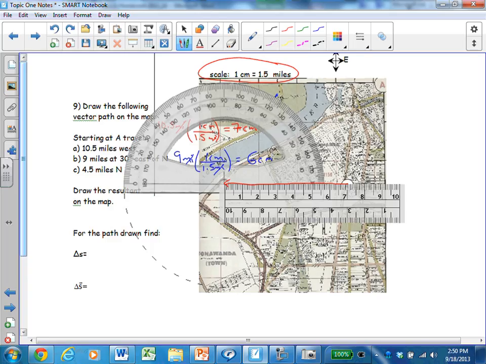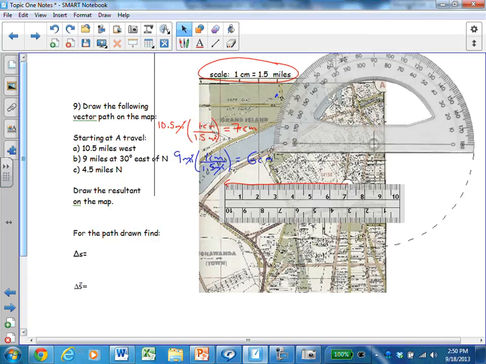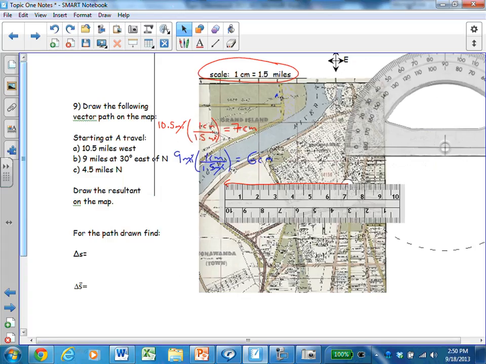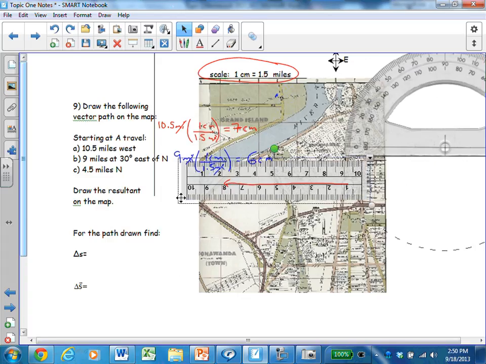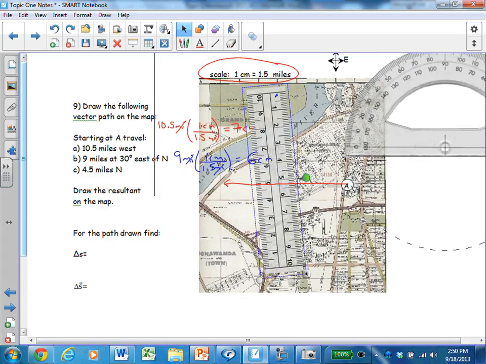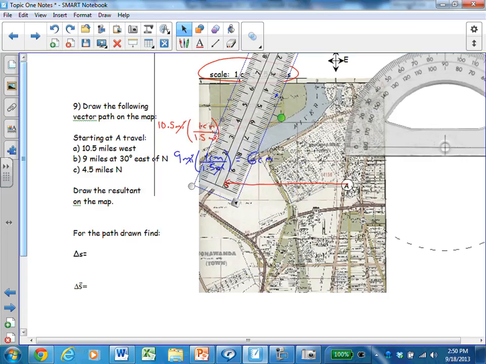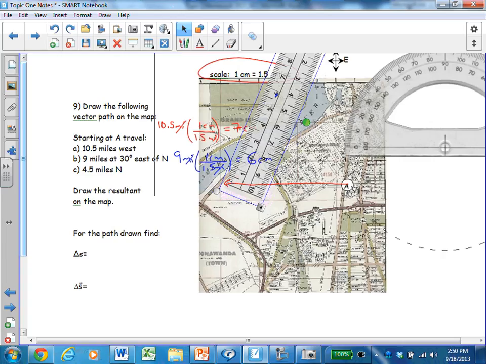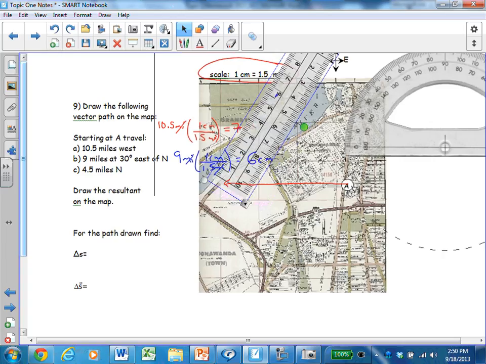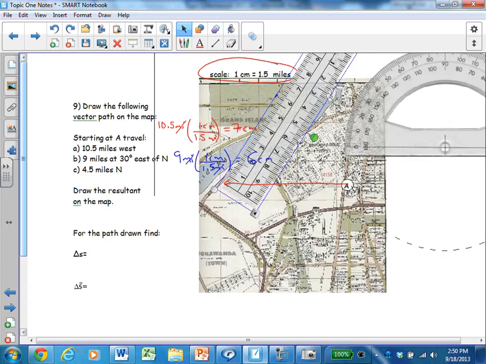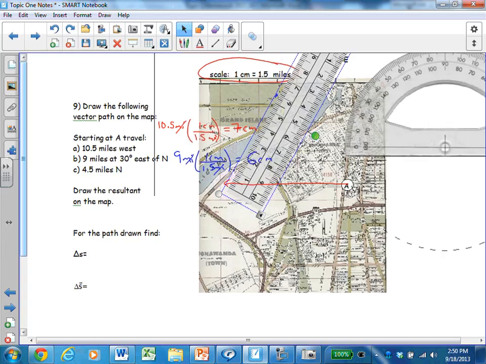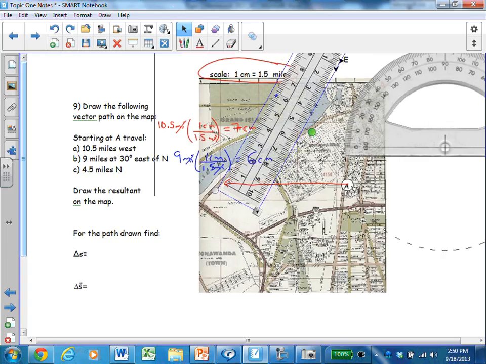Okay, good. Now, I have to do the 6 centimeters, so bring this over, flip it around. And I'm lining that up. Now I'm ready to draw in.